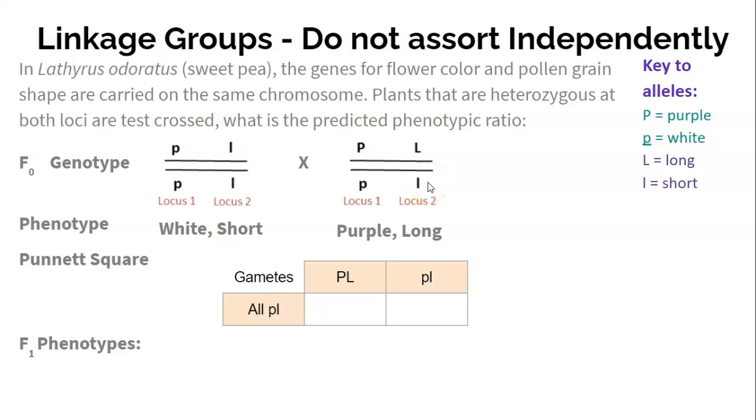They have to be inherited together. Whereas these ones, there's only one option, right? It's lowercase, lowercase. So when you do that, you fill it in the same way, but you're losing the choice that you would get in the unlinked genes that we were doing previously. So for this, it's a 1-to-1 ratio, purple long or white short. That's your only option.